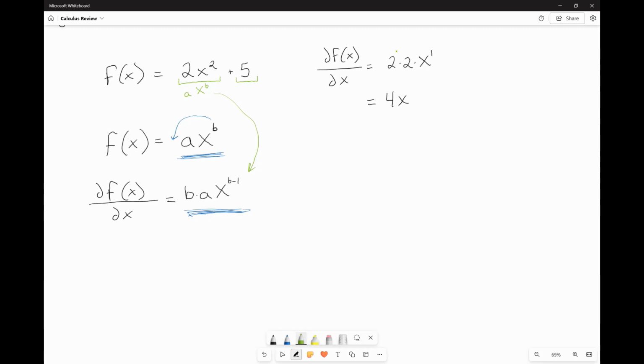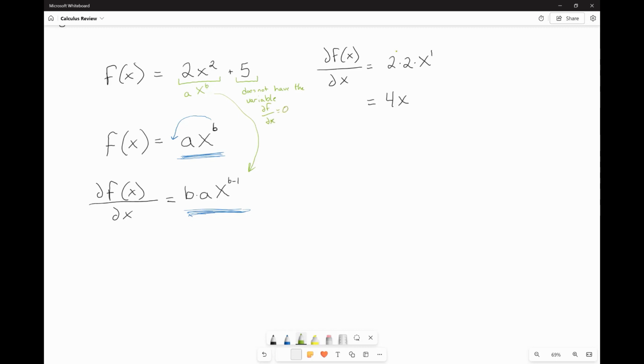Well, I can just give you the answer real quick, and you're free to just learn this. If you encounter a term and that term does not have the variable, then the derivative is just equal to 0.